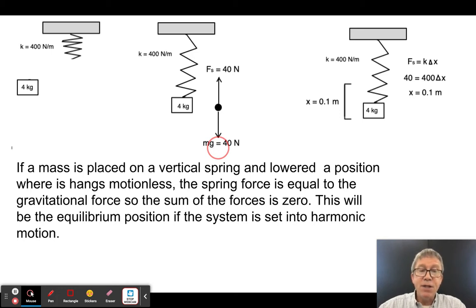And by definition, in an oscillating system, at equilibrium, the sum of the forces is zero. So I now know that the point at which I have my equilibrium is going to be 0.1 meters below the relaxed state of the spring. All right. And it's going to oscillate back and forth around this. So already I can look at it and say, well, it's going to oscillate between a displacement of zero and a displacement of 0.2 because the equilibrium is 0.1.